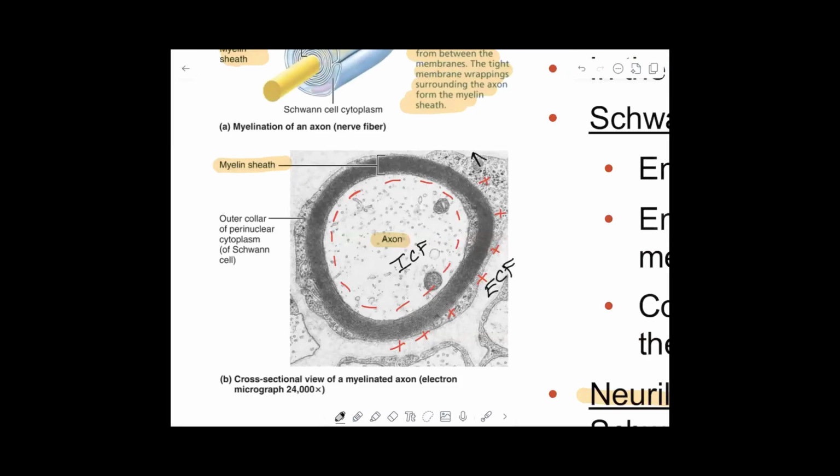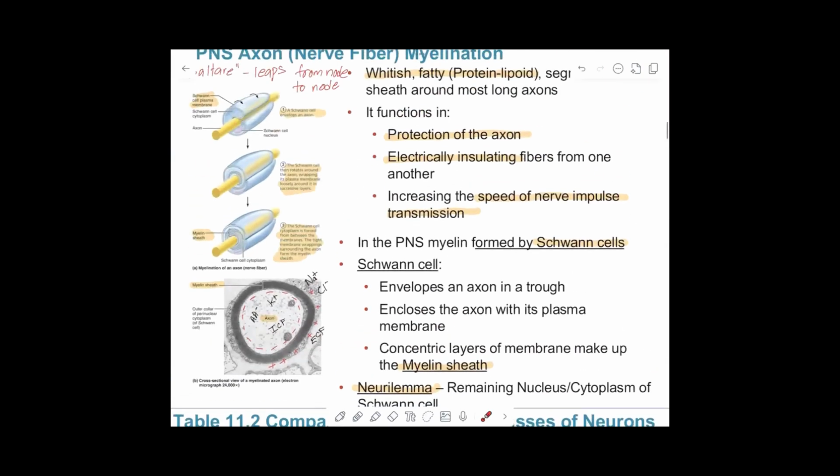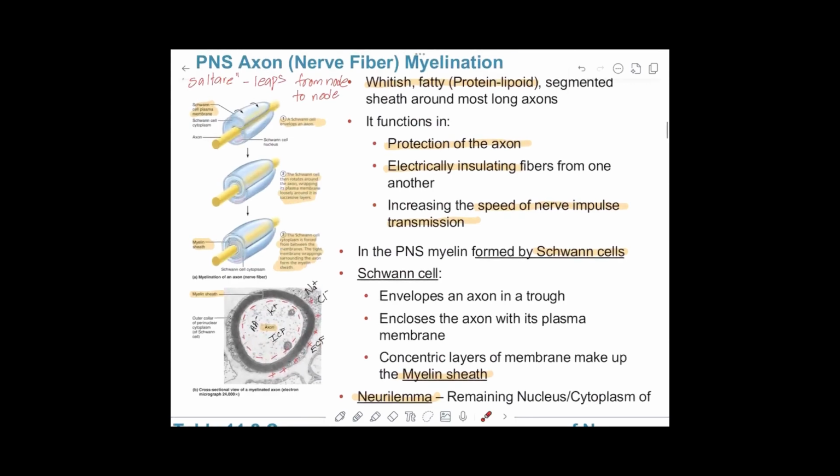Just like we learned, there's sodium and chloride on the outside, and potassium and amino acids on the inside. But due to this insulation, an action potential doesn't have to form at that region of the axon. Instead, it's able to leap from node to node. So myelin is very, very important. We'll talk more about that coming up with the resting membrane potential.